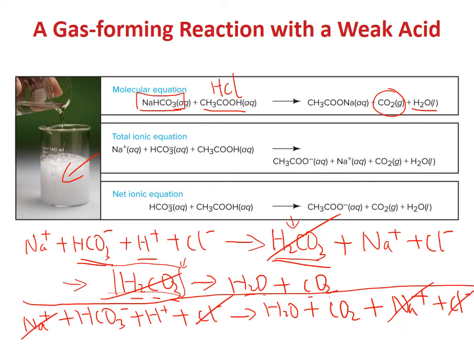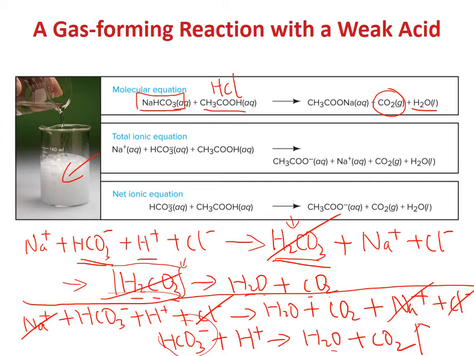So the net ionic equation is bicarbonate anion plus hydrogen ion forms water and CO2. So it's a typical reaction when you have bicarbonate anion with acid. You form water and gas-phase CO2.